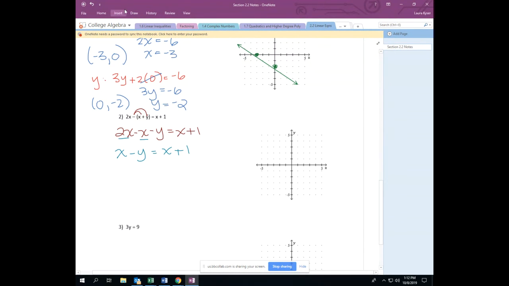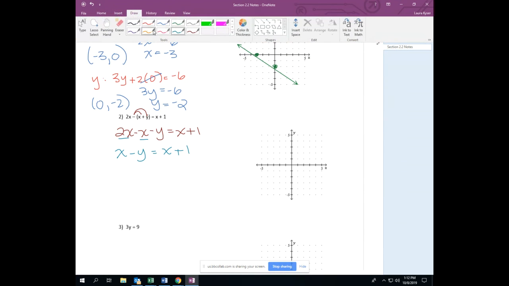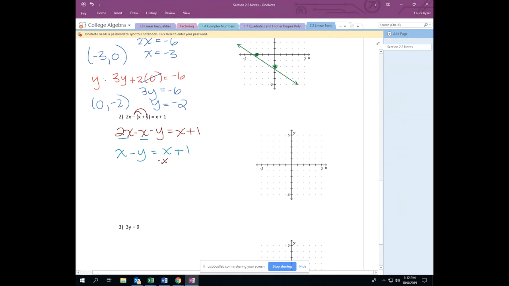And then we probably should get the x's on the same side to make this thing look right. So let's subtract the x over. And that gives me negative y equals 1.